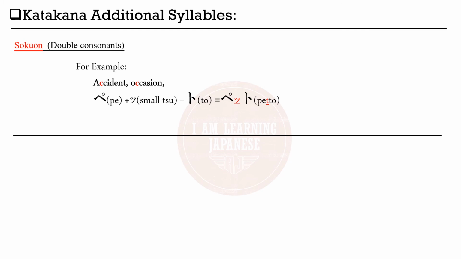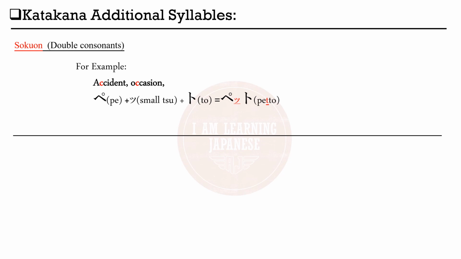Converting the same condition to katakana, to obtain this stress condition we use the tsu letter, but here that tsu has to be written in half size. It should be a small tsu. So whenever in a word you see a half sized or small sized tsu, you should make sure to stress the next letter.